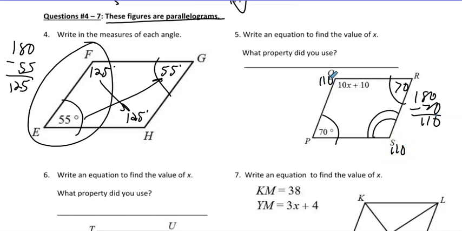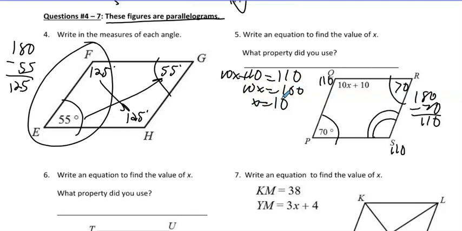So we actually have 2 things we could do here. We could say that 10x plus 10 equals 110. And then 10x equals 100, x equals 10. That's a shortcut.